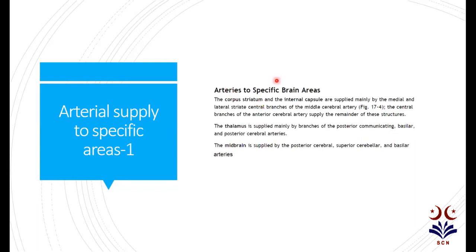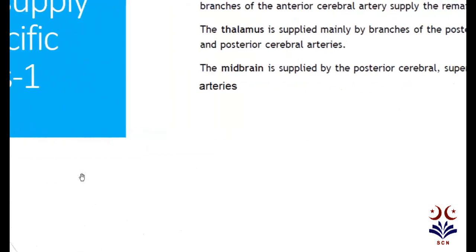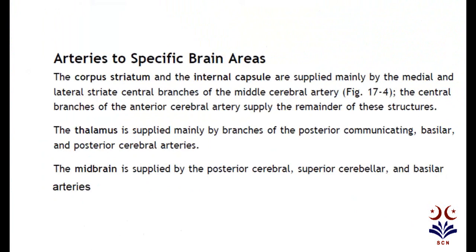We'll repeat that. The corpus striatum and the internal capsule are supplied mainly by the medial and lateral striate central branches of the middle cerebral arteries. I showed you these branches in the previous diagram.